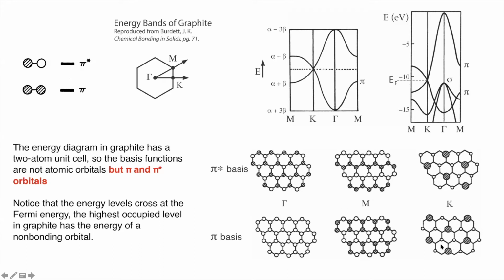It's kind of hard to visualize this one here, the K direction, where that pi orbital basis is alternating sign as you go horizontally. But this is a calculation showing you exactly what it looks like.